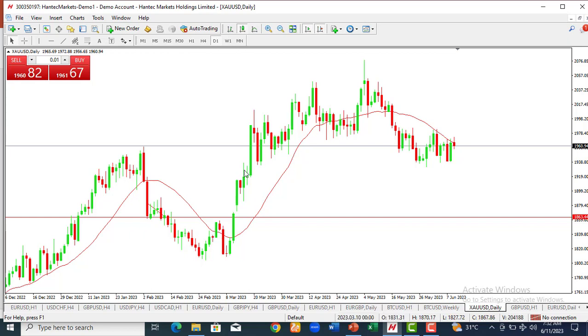Each of these candlesticks, whether the bullish candlesticks, represented with the green color, or the bearish candlesticks, represented with the red color, all come together to form a particular pattern in the market. So why do we need to learn this pattern?